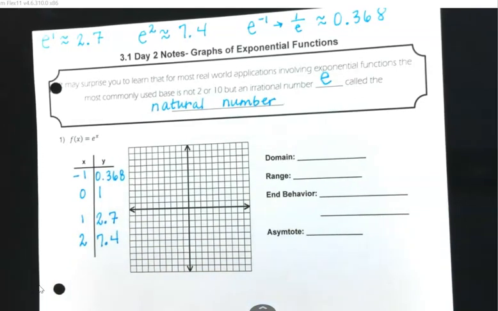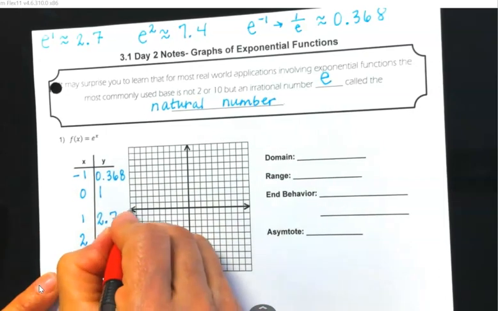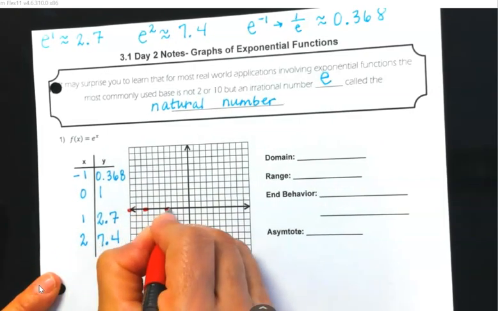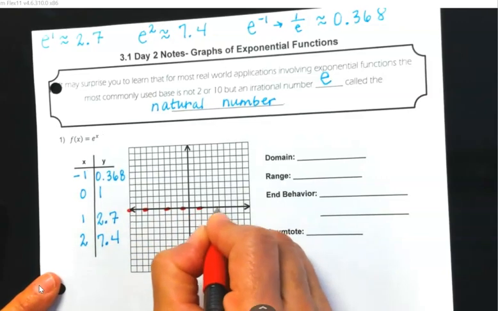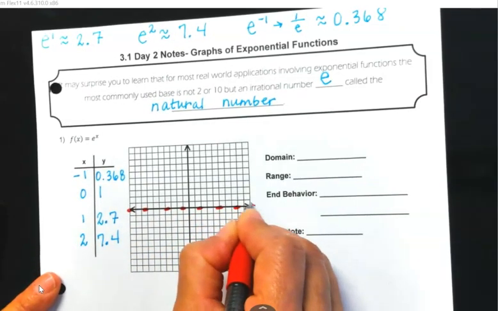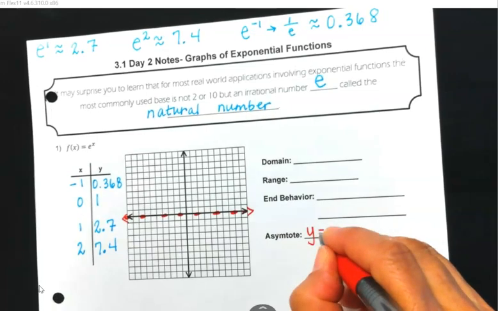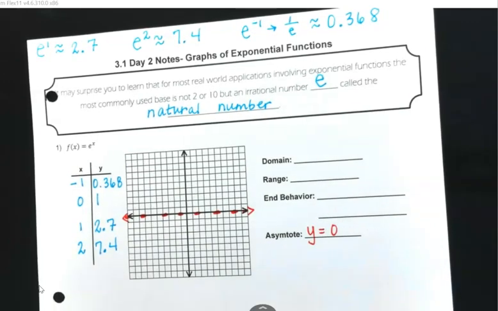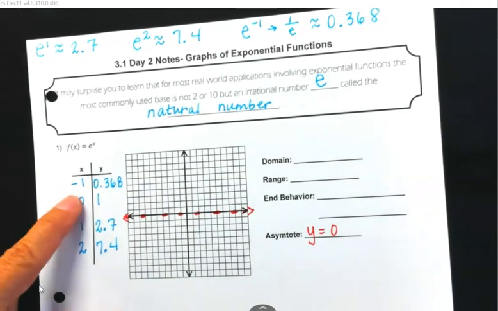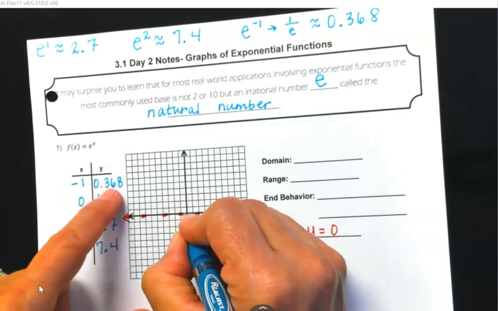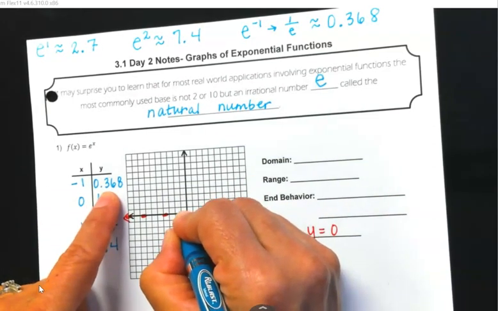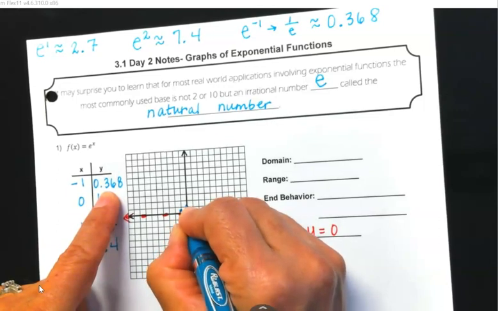Now, just like all exponential functions, guys, no matter what, it will never equal 0. And there's no way that you're going to be able to turn it into a negative number using an exponent. So you're still going to have an asymptote here, and of course, that asymptote is going to be at y equals 0. All right, let's plot these points. So just kind of estimate the best you can on 0.368.